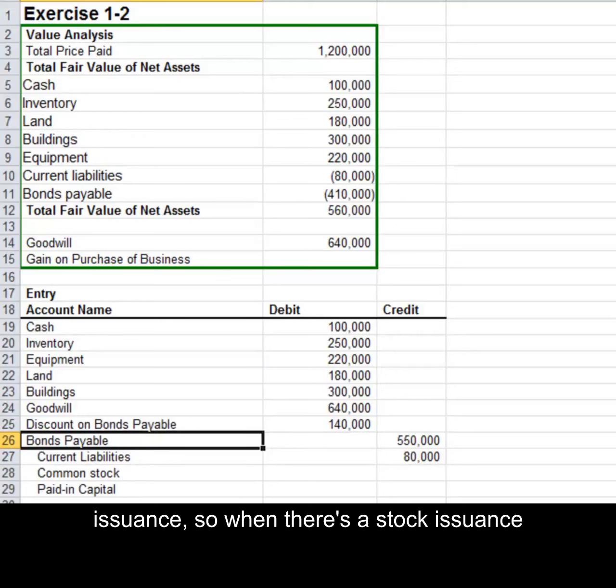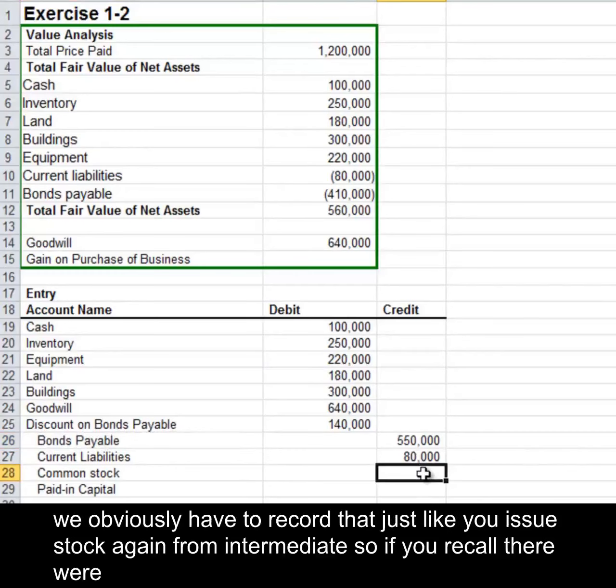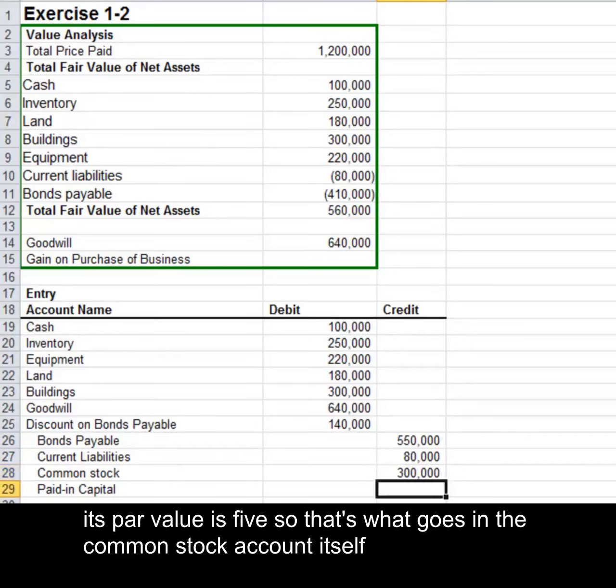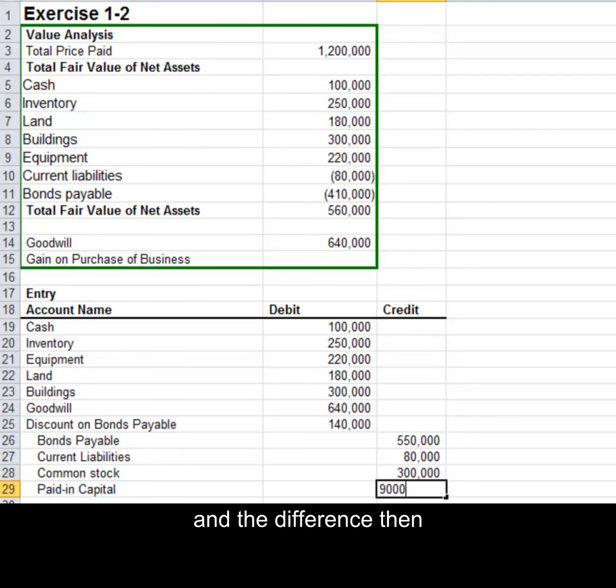So when there's a stock issuance, we obviously have to record that just like you issue stock again from intermediate. So if you recall, there were 60,000 shares. Its par value is 5, so that's what goes in the common stock account itself. And the difference then is the paid in capital in excess.